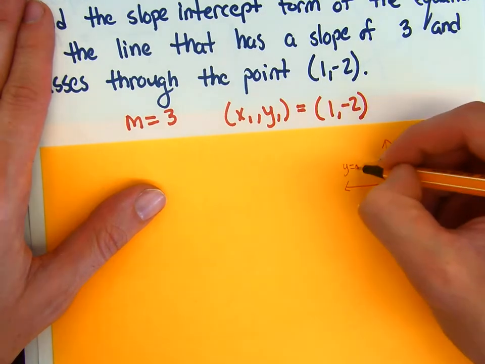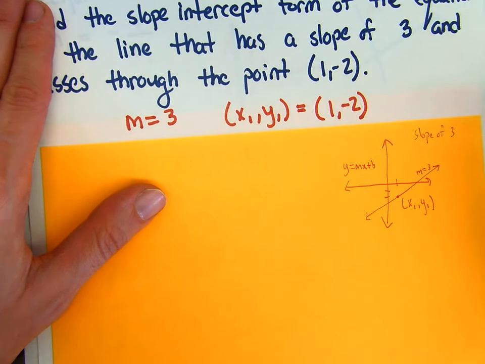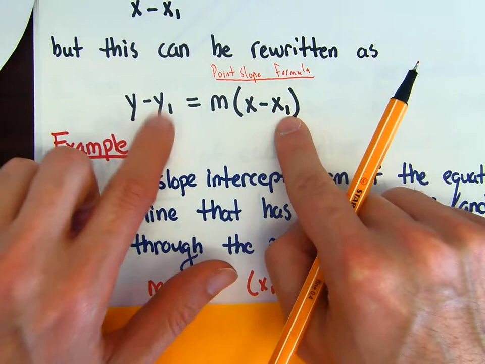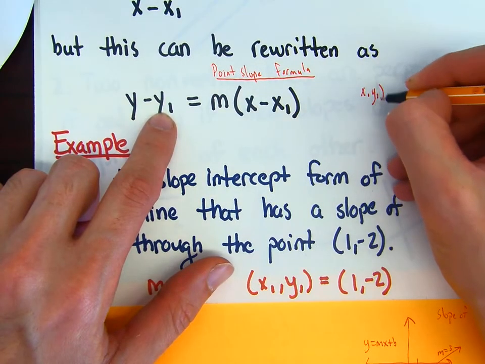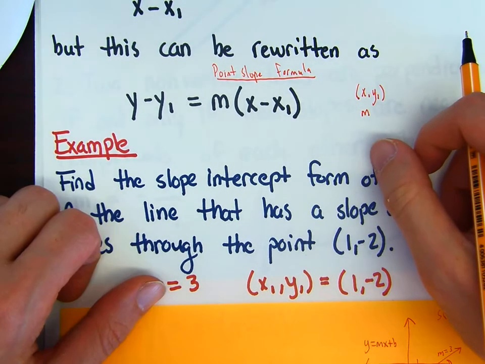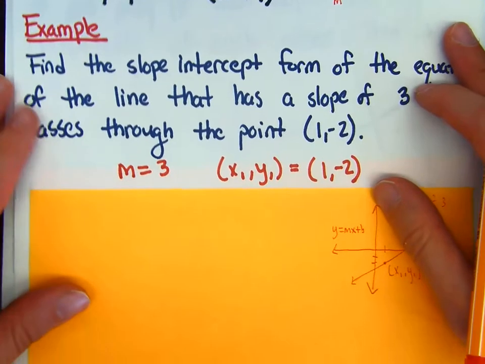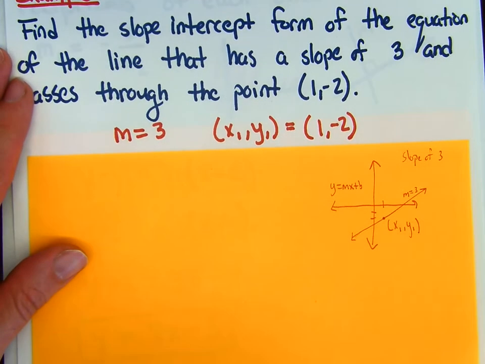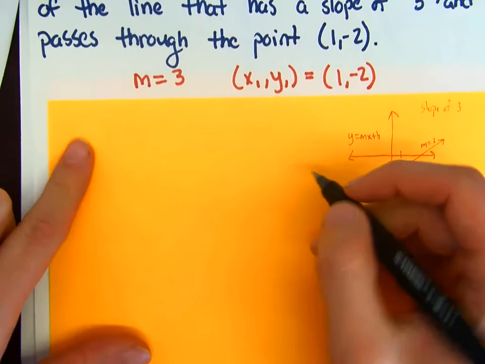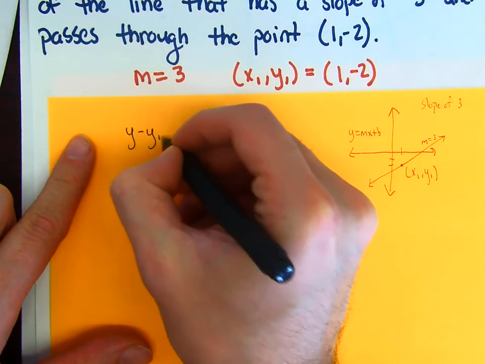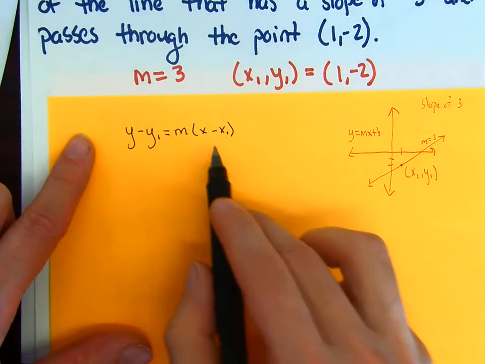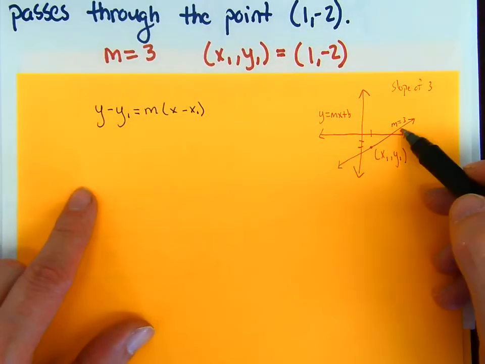Because the line is represented as y equals mx plus b. And what this point slope formula does is say, give me a point, which is x sub 1, y sub 1, give me a slope, and it creates the equation of the line. So let's take a look at how we could do this. If I have y minus y sub 1 equals m times x minus x sub 1, our game plan is finding the equation of this line.